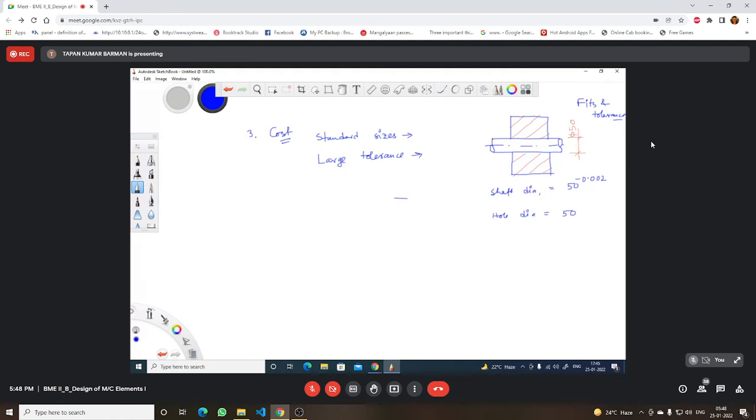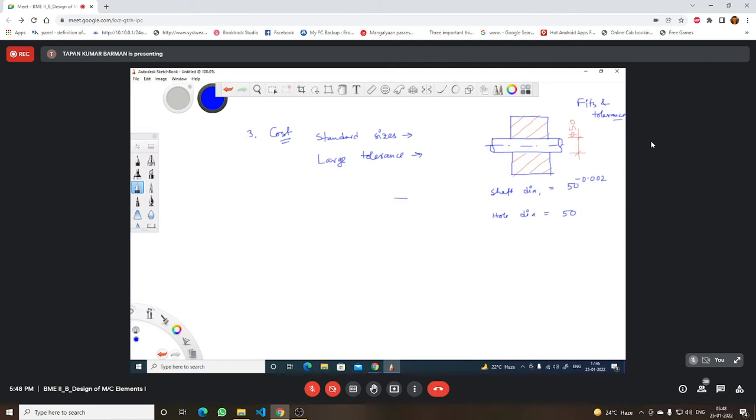Now, you also will agree with me that if this range or tolerance is very tight, very small, then the rejection rate of the component will be high. Also, to manufacture the component with a tight tolerance, it will be very difficult.